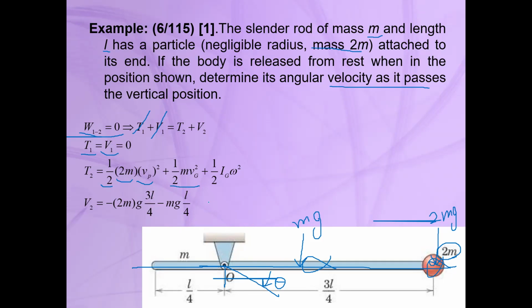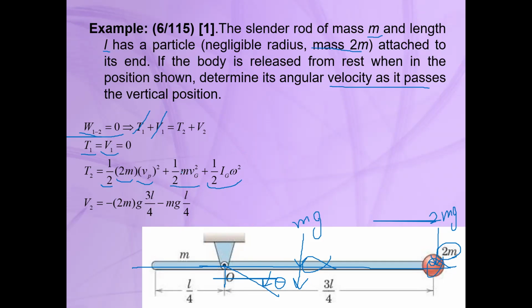When we have rotation, we have the kinetic energy due to the translational motion, here with Vg, and also the kinetic energy due to the rotation, which is half times Ig omega squared.